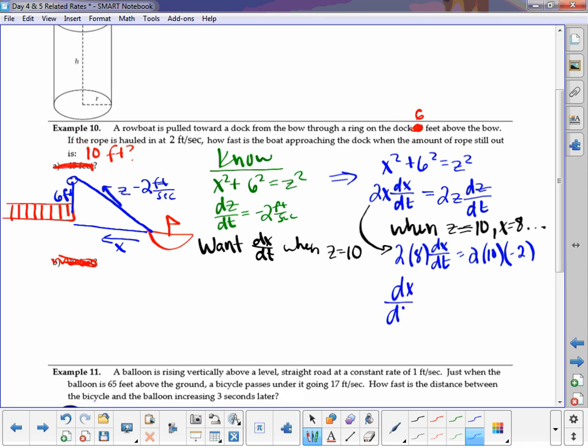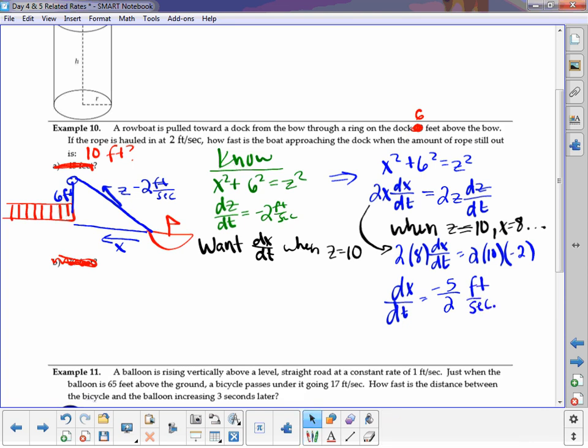Alright, what do we get for our dx/dt? And again, how fast is the boat approaching the dock? So we would say the boat is approaching the dock at 5/2 feet per second. So make sure you rewrite it to answer that question.